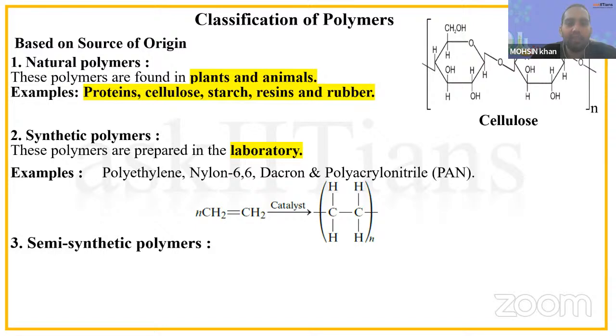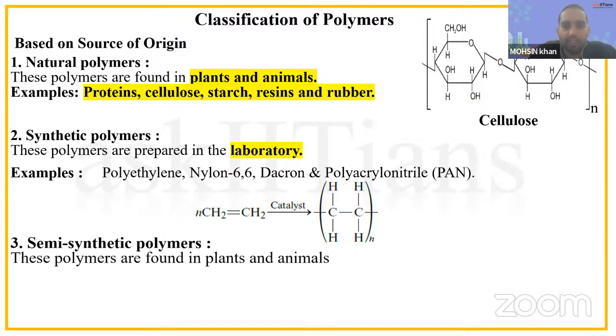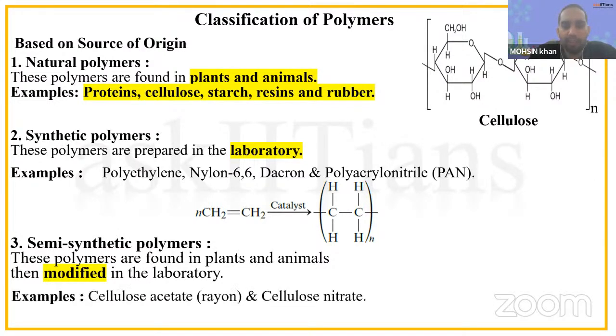Semi-synthetic polymers are those polymers which are modified by a chemical reaction on a natural polymer. So these are basically polymers which are found in nature and then we have modified them. Those are known as semi-synthetic polymers. Polymers found in plants and animals, then modified in the laboratory, are termed semi-synthetic polymers. Cellulose acetate, rayon, or cellulose nitrate are examples.